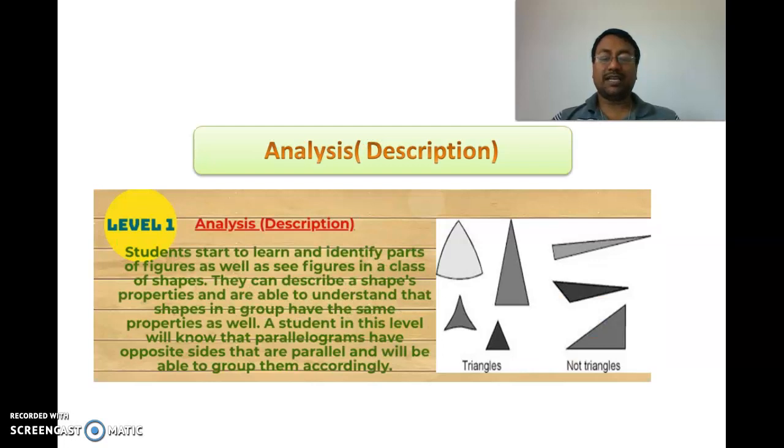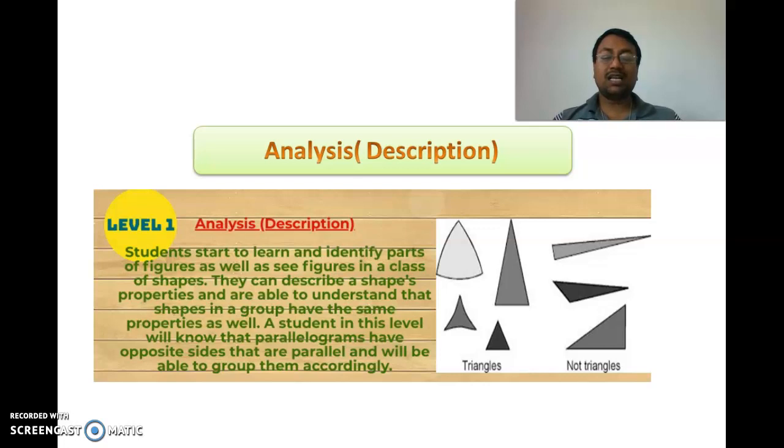Next, we go to the second level. This level is termed level 1, that is analysis or description. In this level, students start to learn and identify parts of figures as well as figures in a class of shapes. They can describe a shape's properties and understand that shapes in a group have the same properties as well.